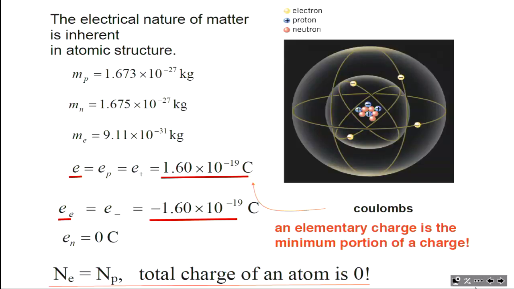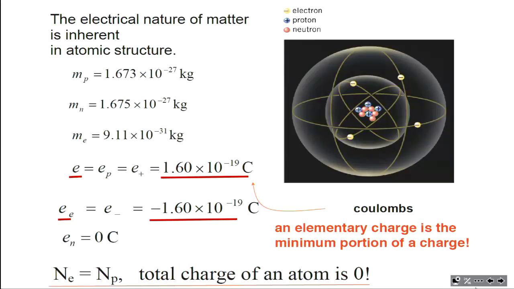That's it. It depends on how many electrons or protons put together. This is the charge of an electron, negative 1.6 times 10 to the negative 19, and this is a unit for a charge using international system of units, a Coulomb. For a proton, the magnitude is the same, but the proton is positive.